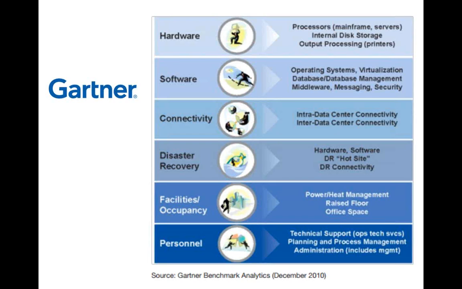Disaster recovery. So disaster recovery costs are very important to take into account as well. And the bottom 2 are probably the ones that I've noticed are most often missed or underestimated in TCO analysis. First is the facilities cost. So from a facilities cost perspective, you have things including the power and the heat management, raised floor, and office space.